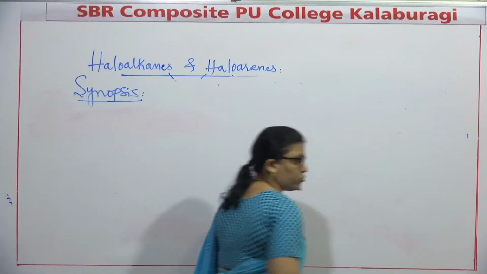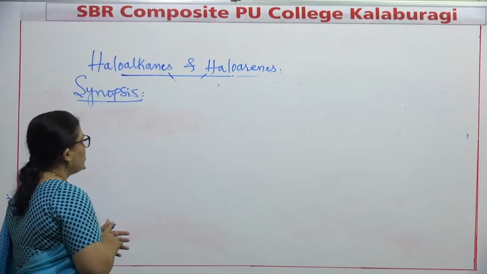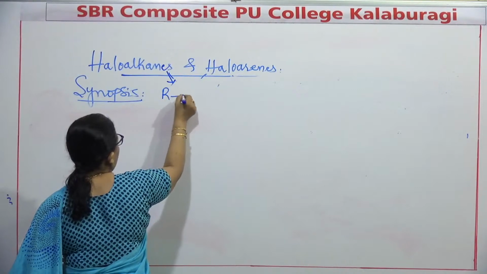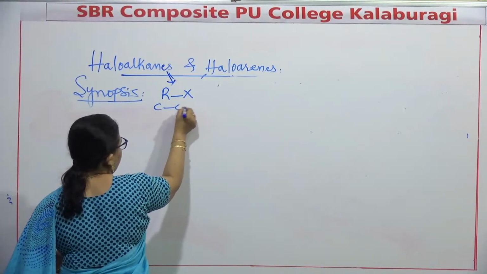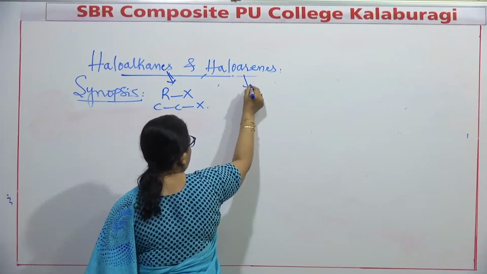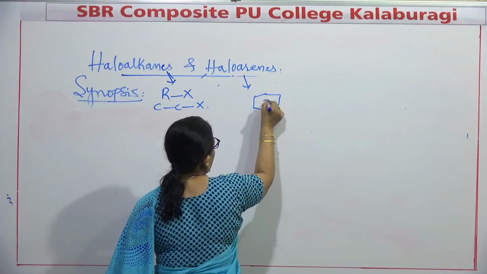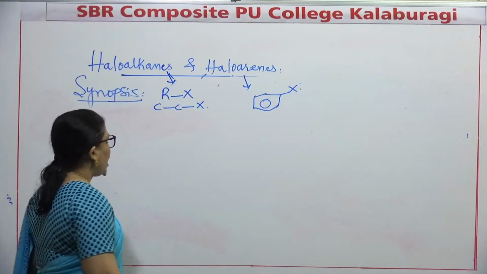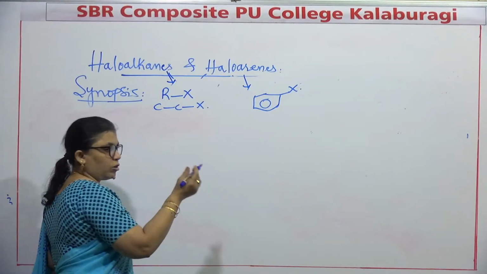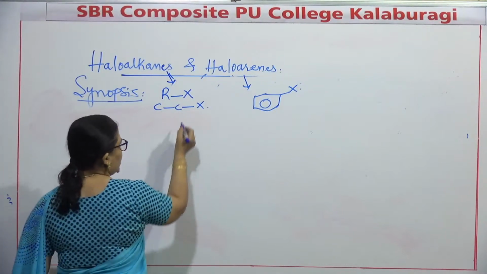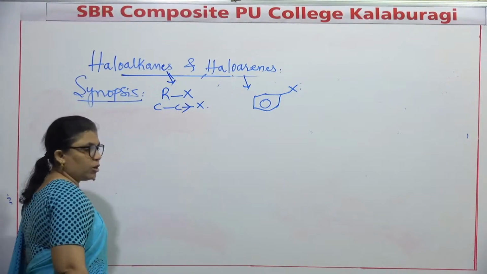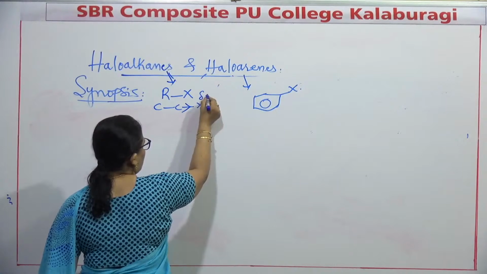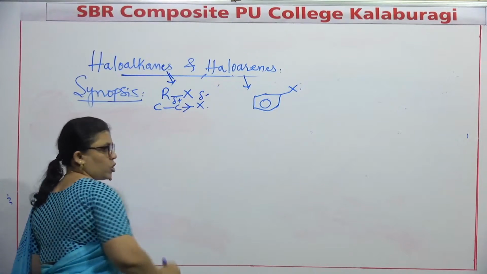Classification. How are we going to classify the organic compound? Before the classification, as I said earlier, haloalkanes are RX. These are saturated hydrocarbons. These are haloarenes, where the benzene is linked with X. Carbon and X have a large difference in electronegativity, so the sigma electrons are displaced towards X. X will get a negative charge and carbon will get a positive charge.